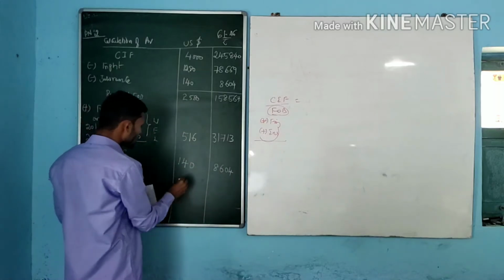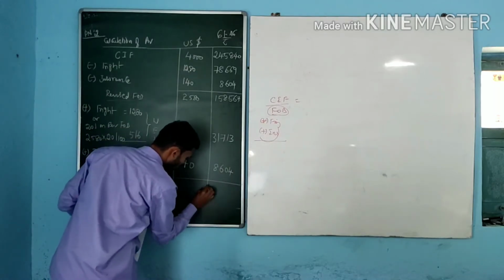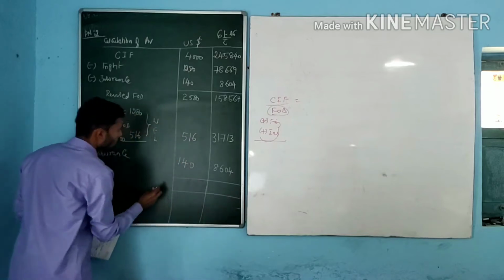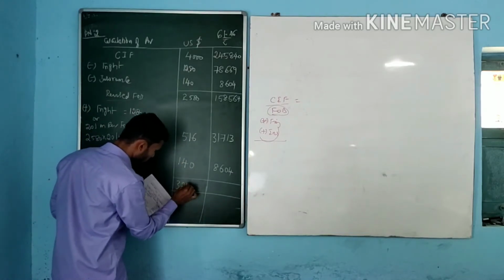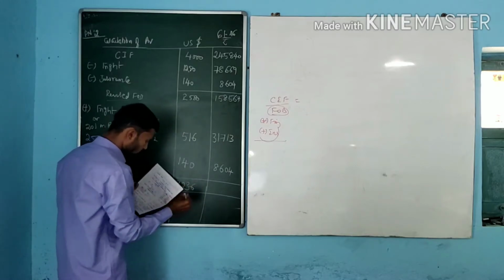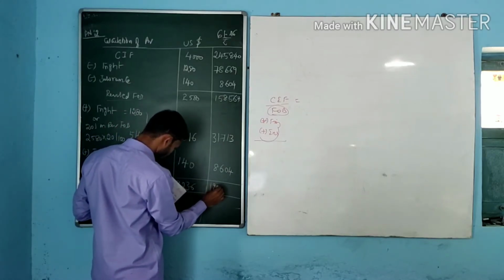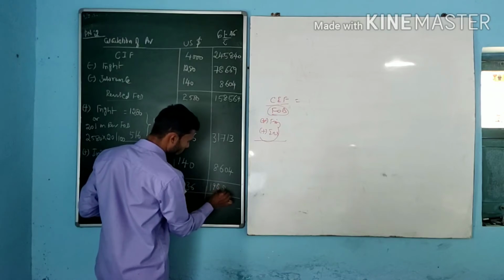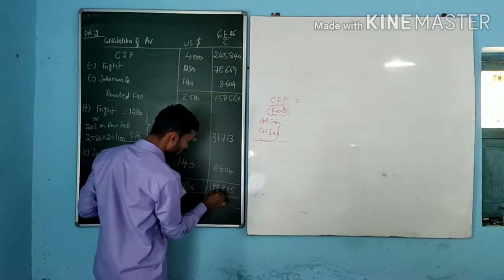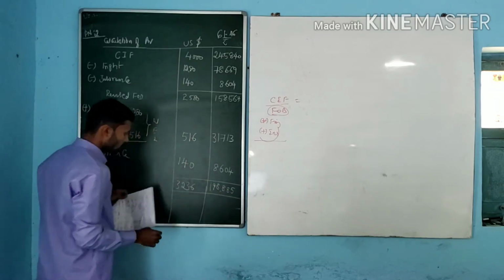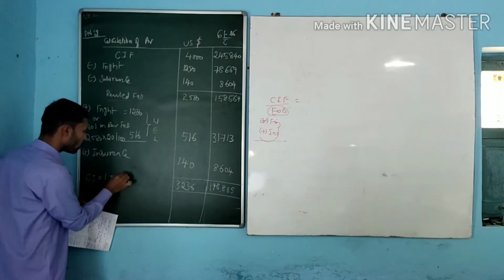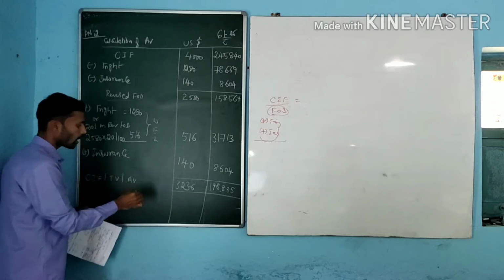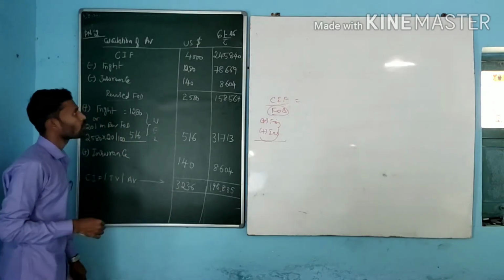So add all this, then you will get what amount, that is $3,236. When it is converted to Indian rupees, 1,98,885, it is the assessable value, CAF value or transaction value. Very simple.